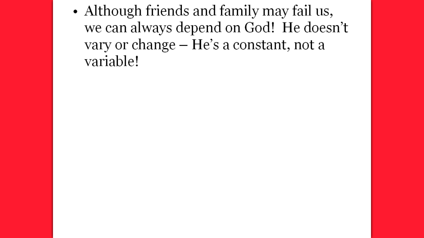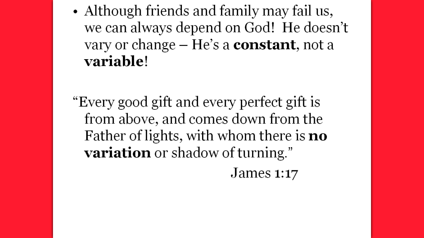I love the verse in James 1:17 that says there is no variation at all with him, not even the slightest shadow of him turning or changing or turning away from us. So we know he is the one constant. When anything else would fail, he's the one constant that's always there for us. No matter where we go, if I'm on the opposite side of the world and my parents aren't with me, he's still there for me, and I can always depend on him. So I love that God's a constant. He's not a variable.